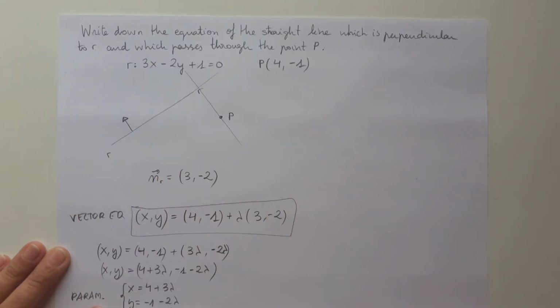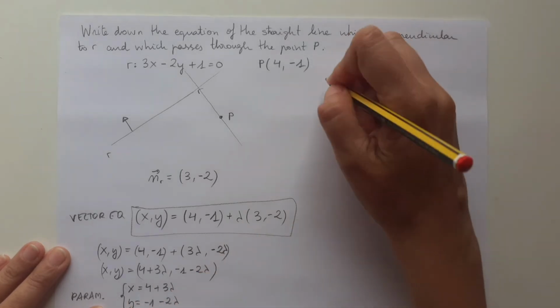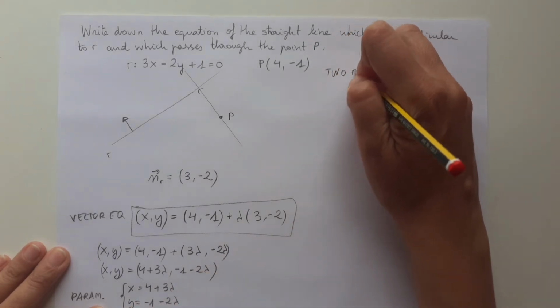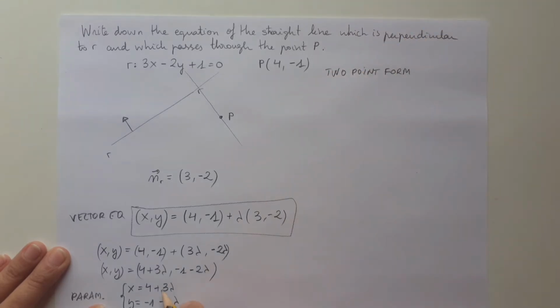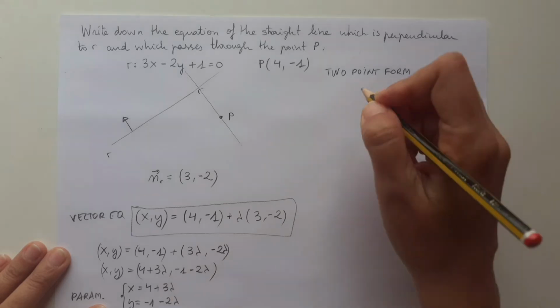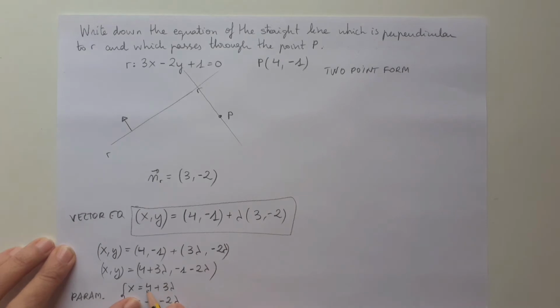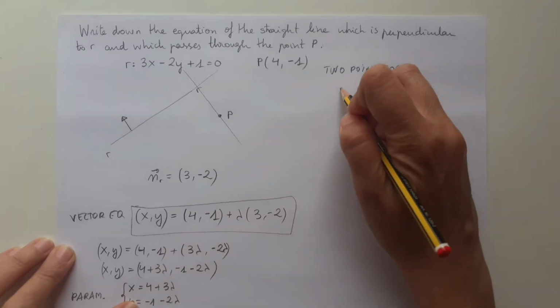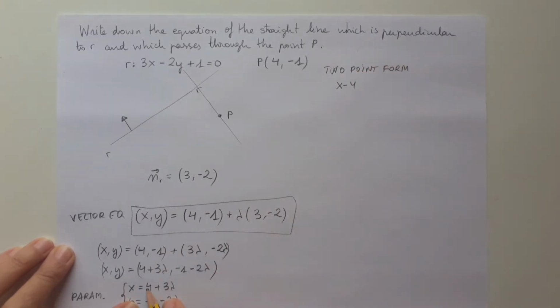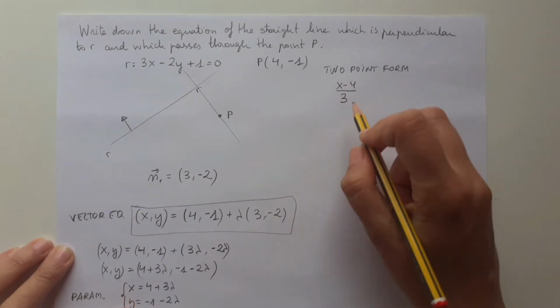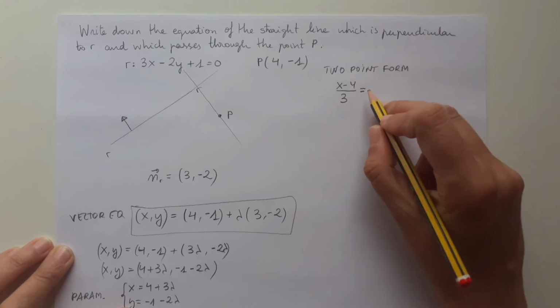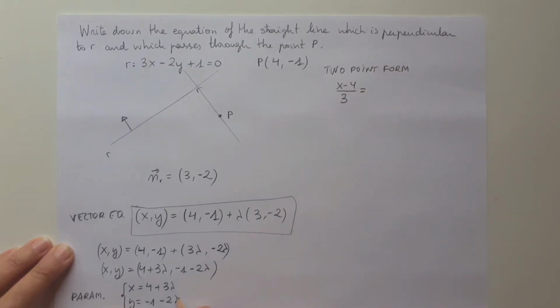All right, so the next equation will be the 2-point form. To obtain the 2-point form, what I'm going to do is isolate lambda here and here and equalize. So in this case, this 4 goes to the other side subtracting, so x minus 4, and once I have the 4 here, this would go to the other side dividing over 3. This equals lambda. And I'm going to equalize it to what I obtain isolating lambda in the second equation.